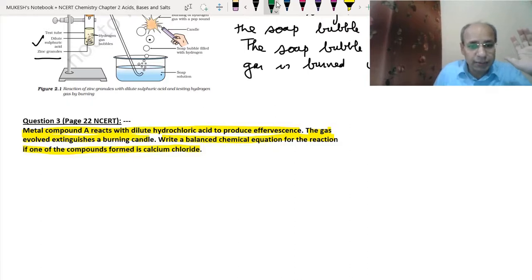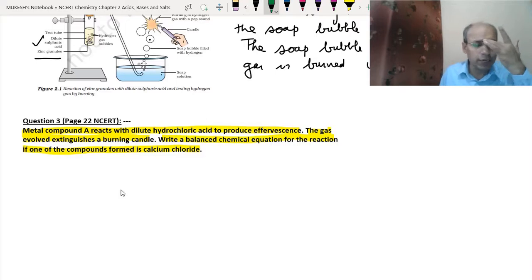Now since it is reacting with dilute hydrochloric acid, as we know, only metal carbonates and metal hydrogen carbonates react with dilute acids and produce effervescence. So metal compound A can be either a metal carbonate or a metal bicarbonate. Since one of the compounds formed is calcium chloride, we have either calcium carbonate or calcium hydrogen carbonate.